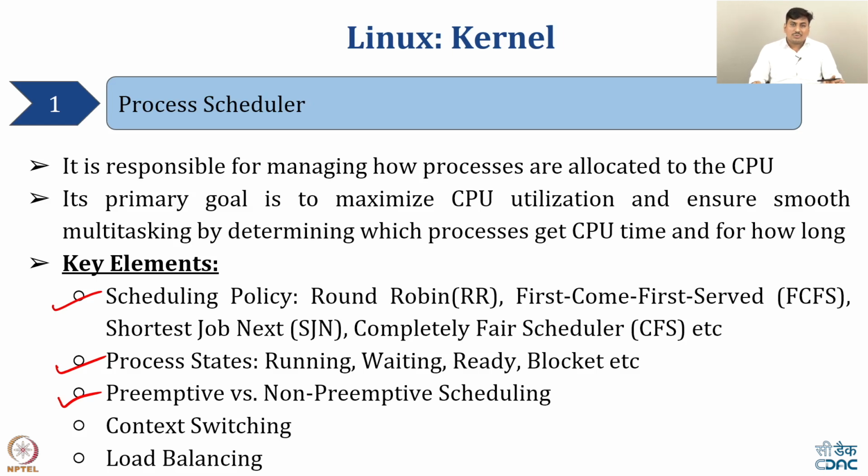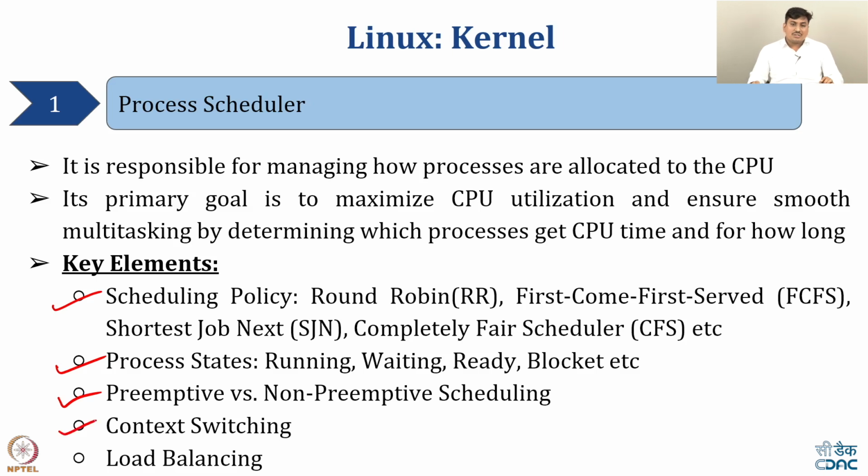But in case of non-preemptive scheduling, if the CPU is allocated to a particular process, the CPU will be deallocated only when that process is completed. So, all the aspects regarding managing all these features are part of the process scheduler.